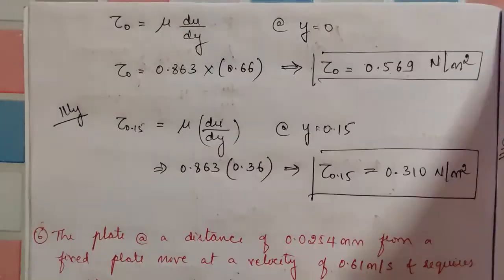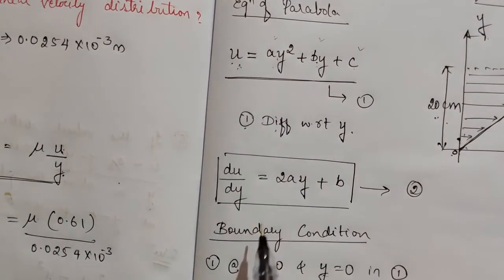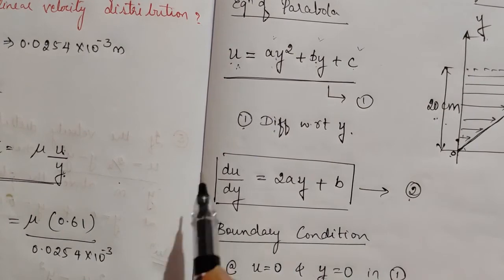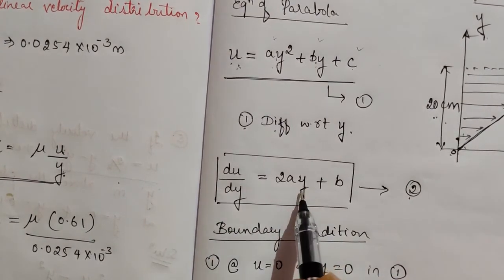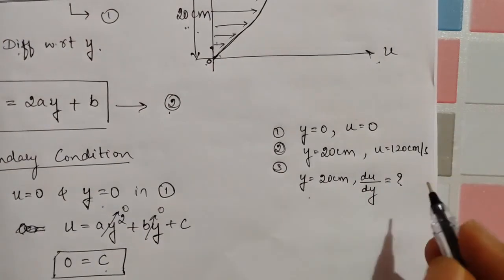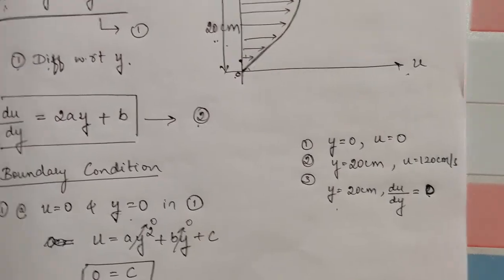In equation 1 we can't write this, right? In equation 1 we don't have du by dy. So in equation number 2, I'll take du by dy as 0 and I'll take y as maximum, that is 20.